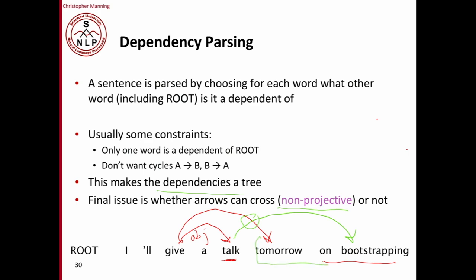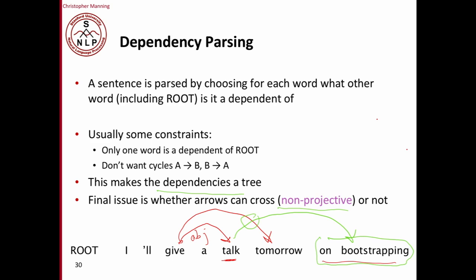It's not when you have constituents that are delayed to the end of the sentence. You could have said, "I'll give a talk on bootstrapping tomorrow", and then it'd have a projective parse. But if you want to, you can delay that extra modifier and say, "I'll give a talk tomorrow on bootstrapping", and then the parse becomes non-projective.